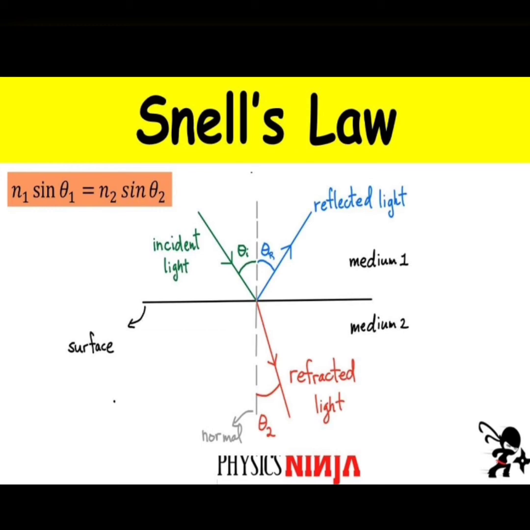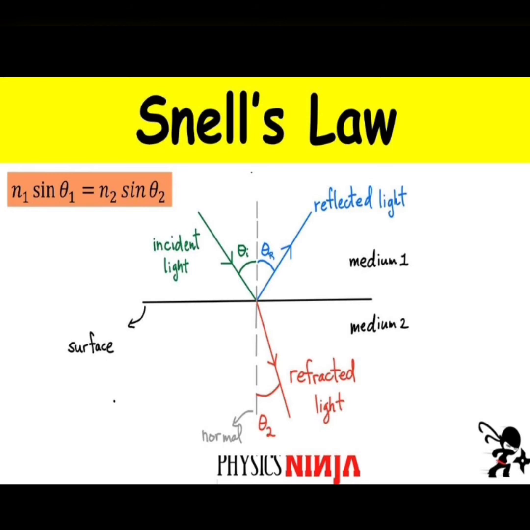The green color represents the incident ray, the red color represents the refracted ray. The point where they meet is said to be the point of intersection. All lie in the same plane.